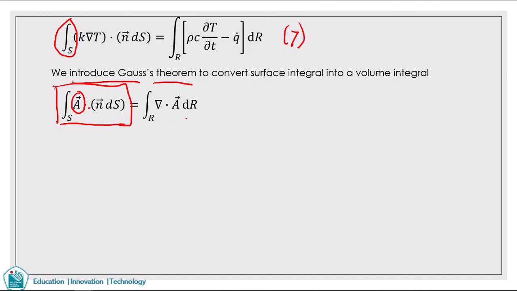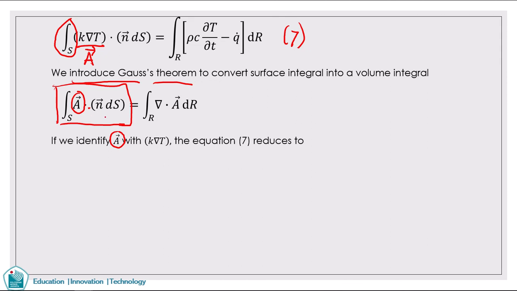So we can identify this A with K del T. So this one is like the A vector. So we will have exactly like this one.